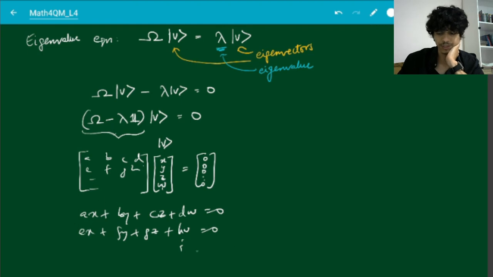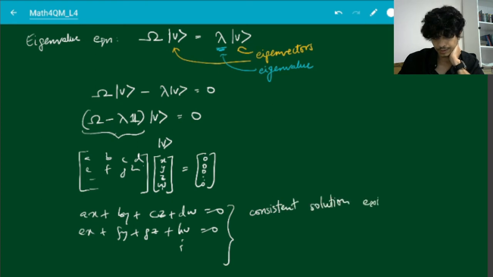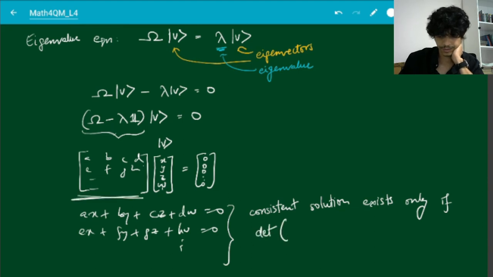This set of equations will only have a consistent solution if the determinant of this matrix is 0. So the determinant of this entire matrix, this ABCD matrix, which is actually our omega minus lambda I, lambda identity, is equal to 0.